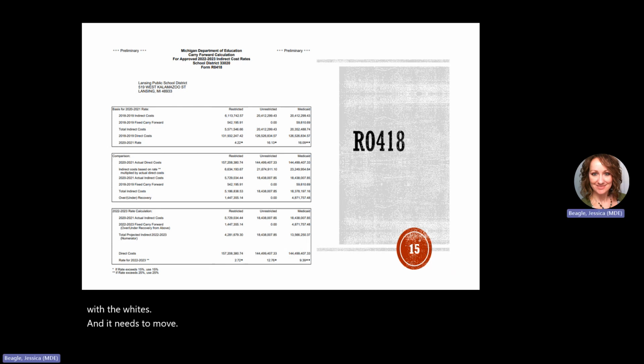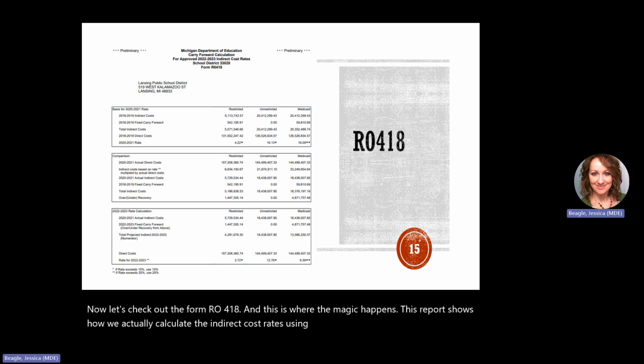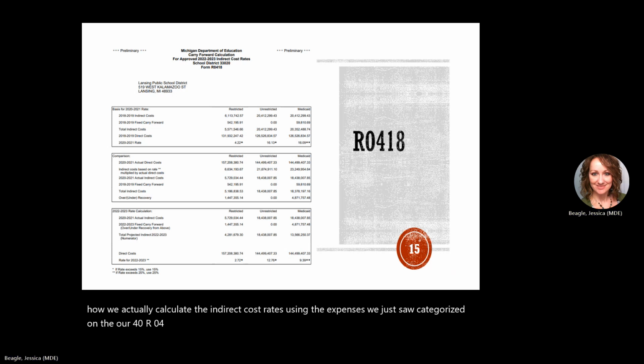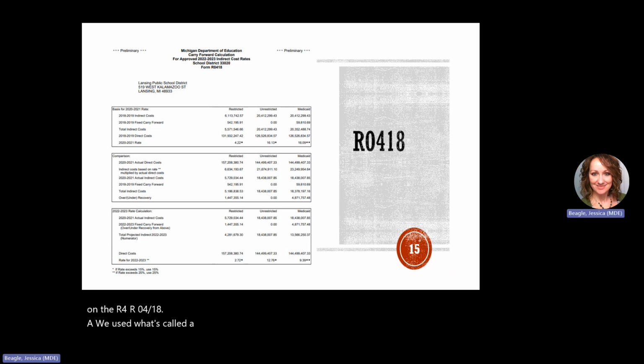Now, let's check out the form RO418, and this is where the magic happens. This report shows how we actually calculate the indirect cost rates using the expenses we just saw categorized on the RO418A. We use what's called a fixed with carry forward indirect cost rate.